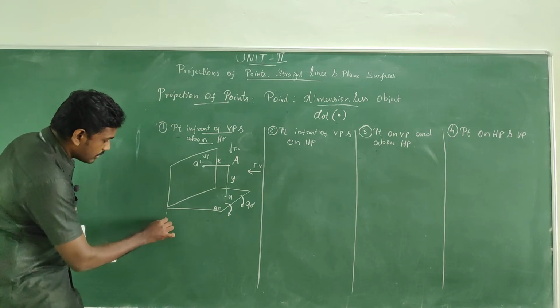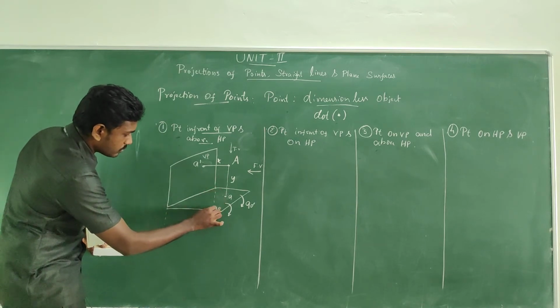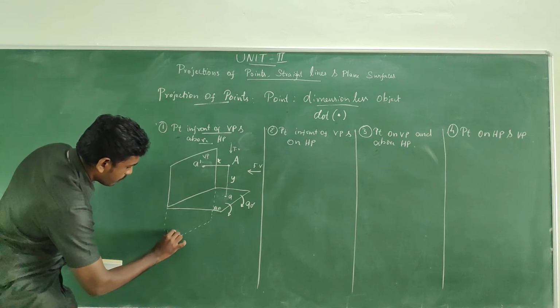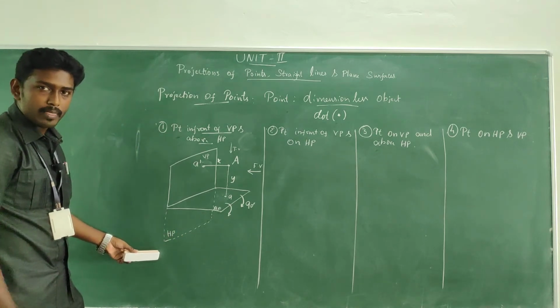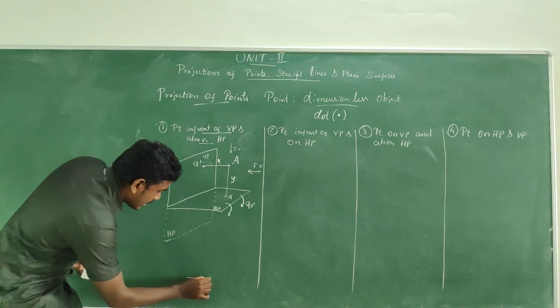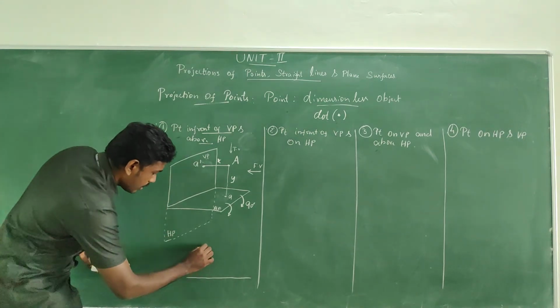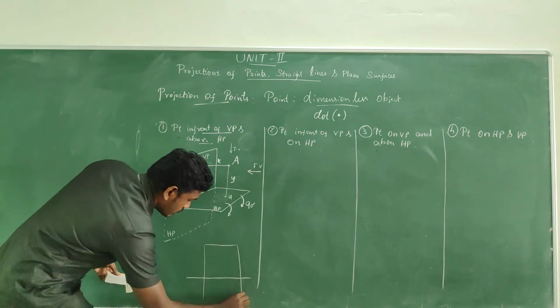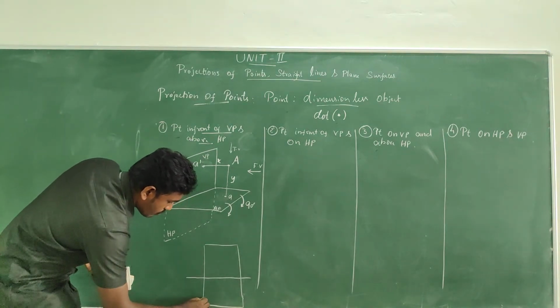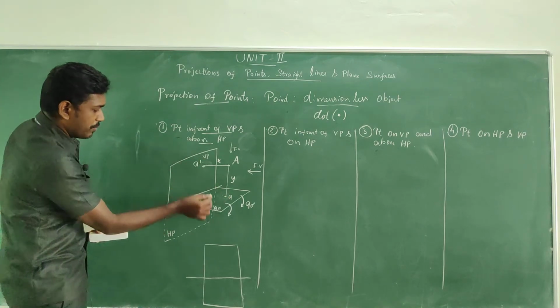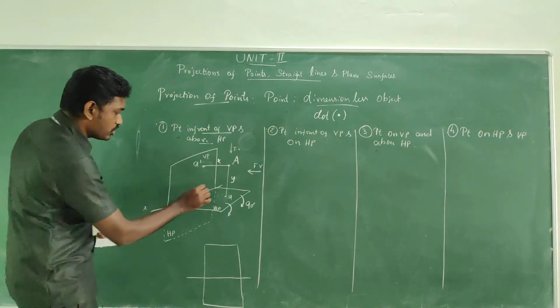So what happens? This HP plane position will be like this. For a better understanding, the line which separates VP and HP, we name it as XY.